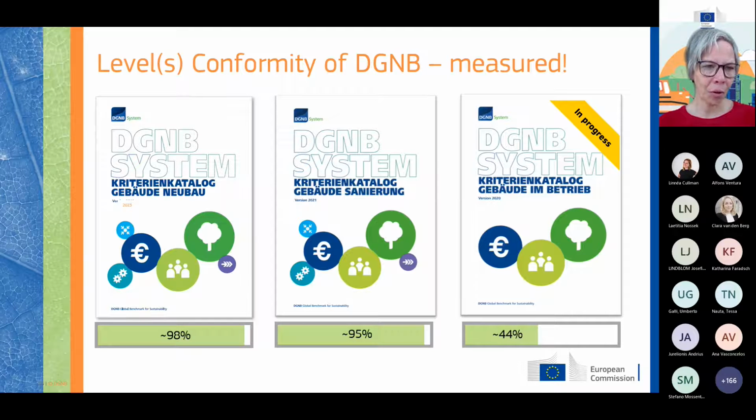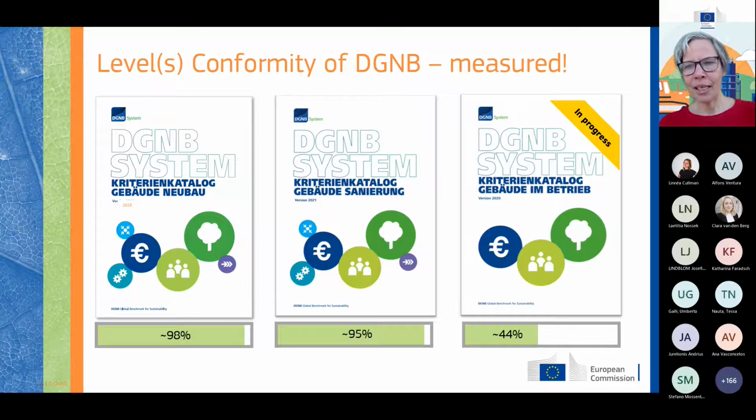On the left side is Neubau, new construction, in the middle renovation, and buildings in use is on the right side. We really wanted to show that it is integrated, and for buildings in use, I think we know what to do. We will have a next release coming soon, and then there will be higher conformity as well.